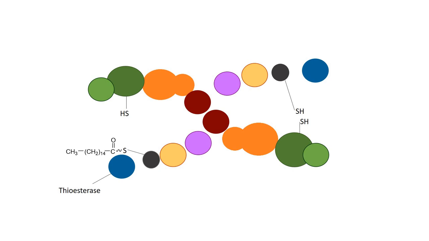The final product of fatty acid synthase action is palmitic acid. Under thioesterase action, the residue of palmitic acid becomes free and enters the cytosol.